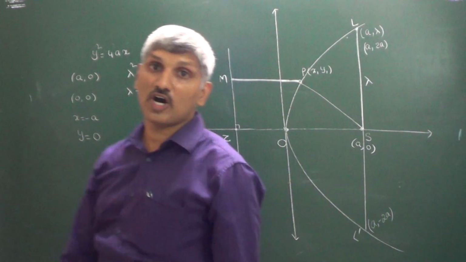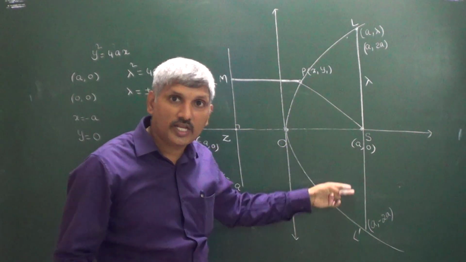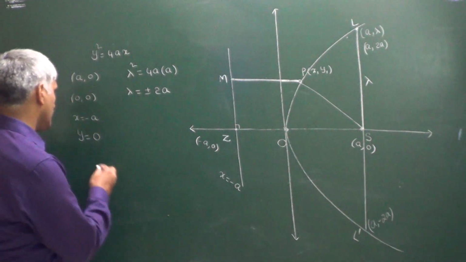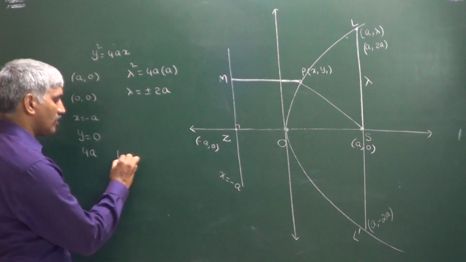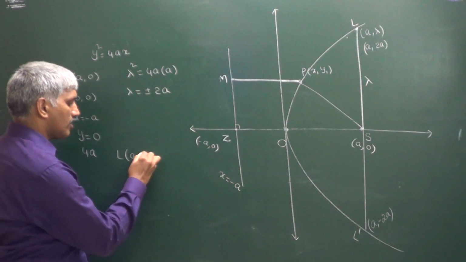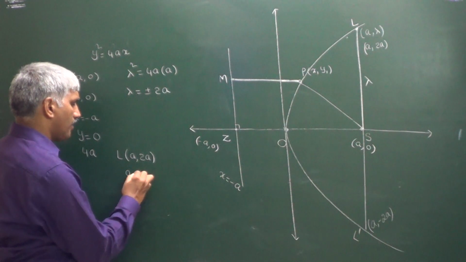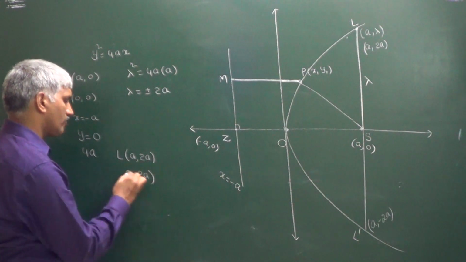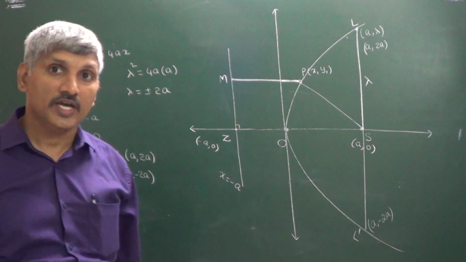So that means this length is 2a, this length is also 2a. So we are getting the length of the latus rectum is equal to 4a. The end points of the latus rectum are a comma 2a and a comma minus 2a. The ends of the latus rectum we are calling L and L dash.